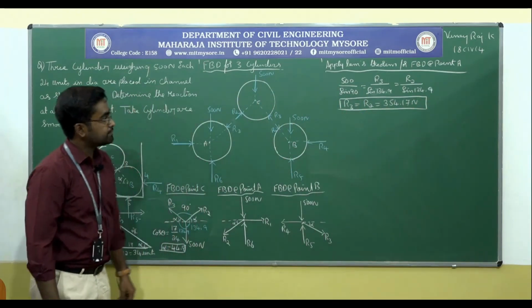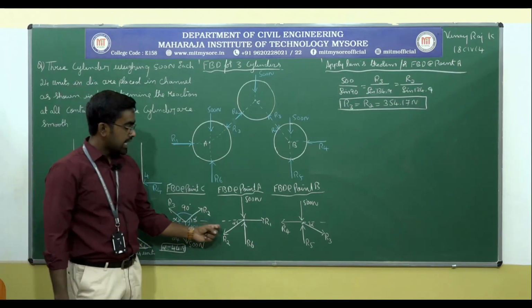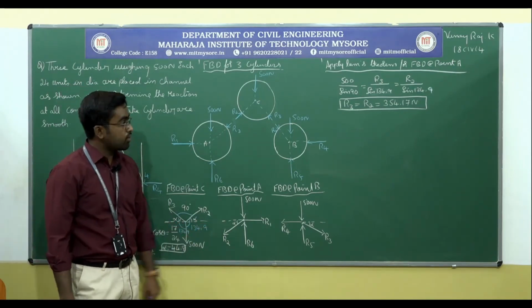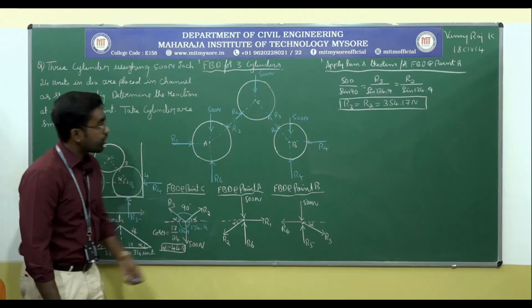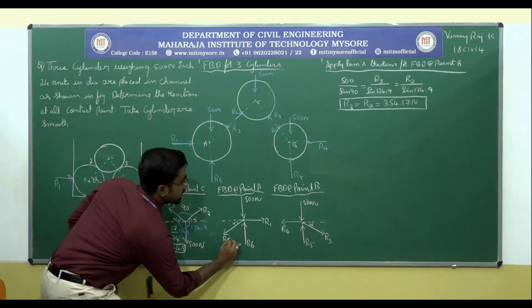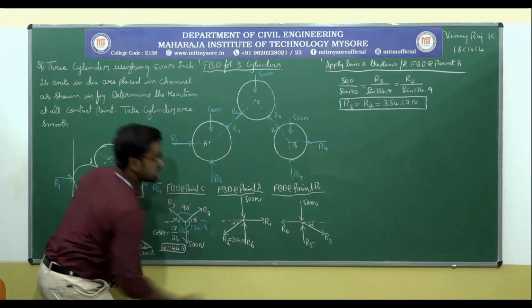Right? Next, let us apply the equilibrium condition for this free body diagram. So now in this free body diagram, I know the value of R2. What is R2? 354.17 is the value.